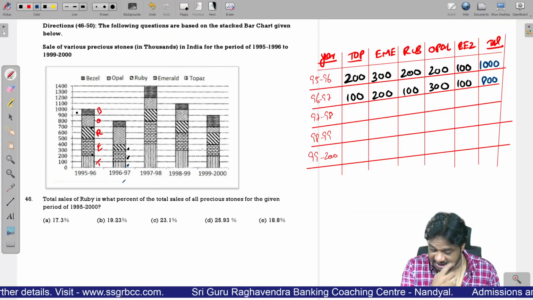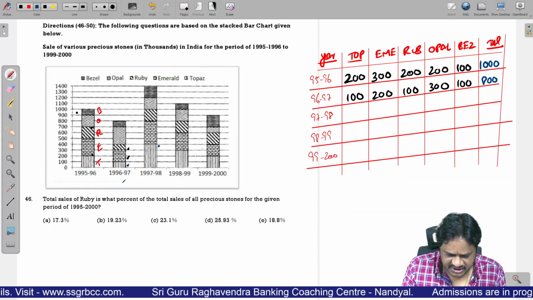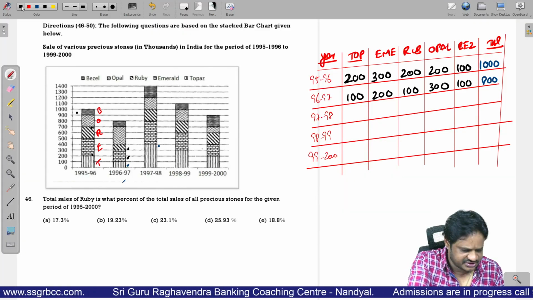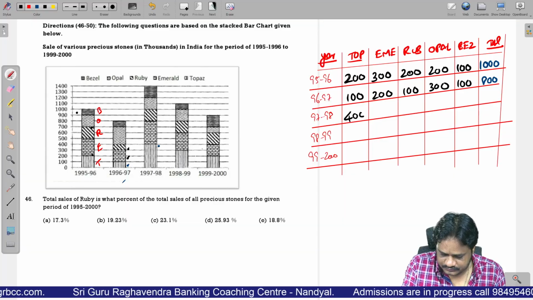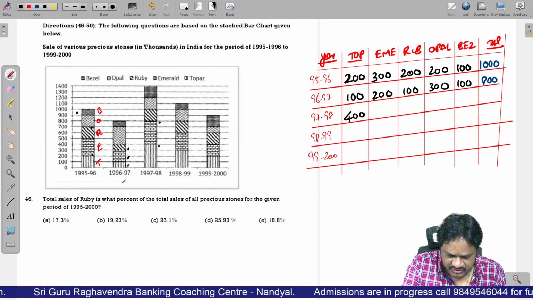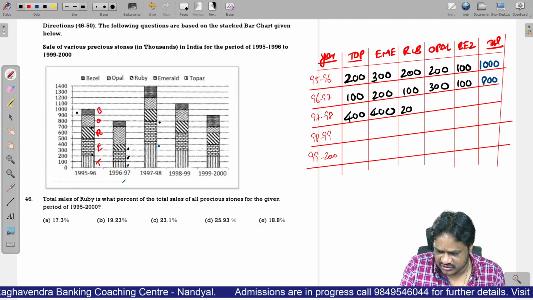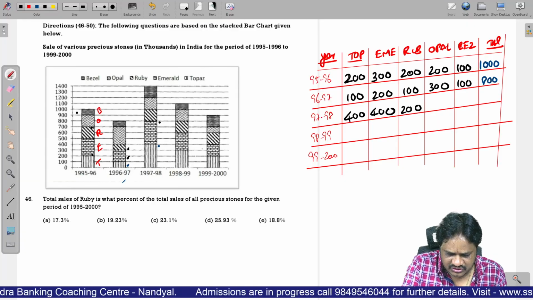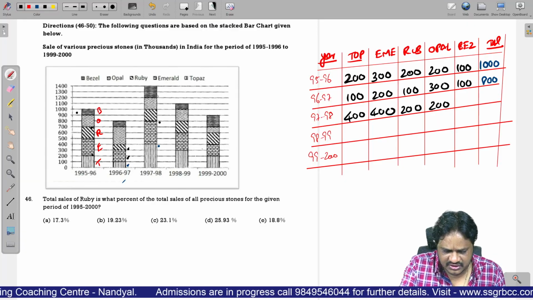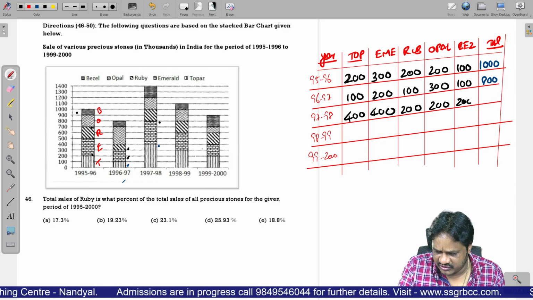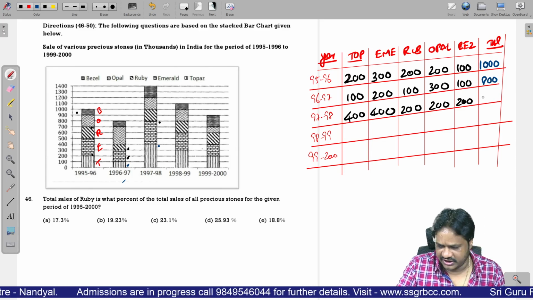Now let us take 97, 98. The first one, until here, means it is 400. From 400 to 800, that is again 400. 800 to 1000, 200. 1000 to 1200, 200. 1200 to 1400, 200. Total 1400.